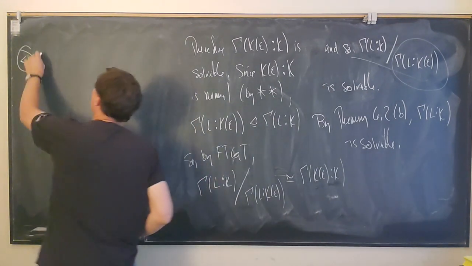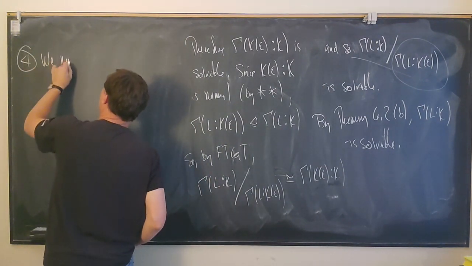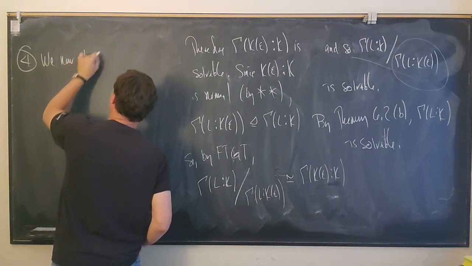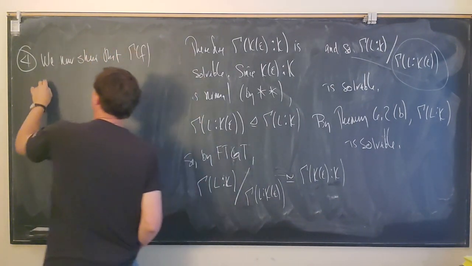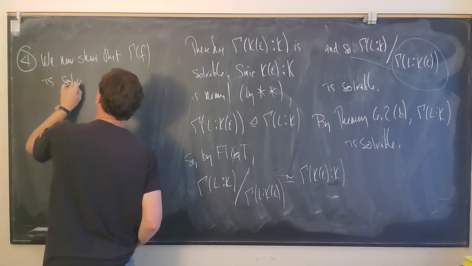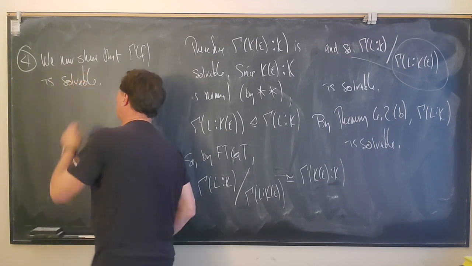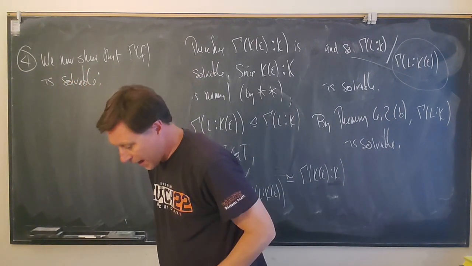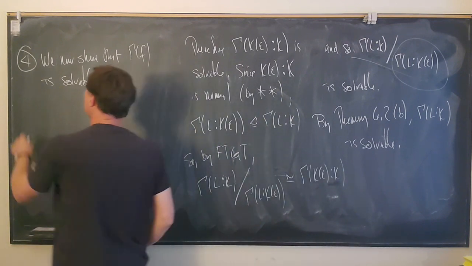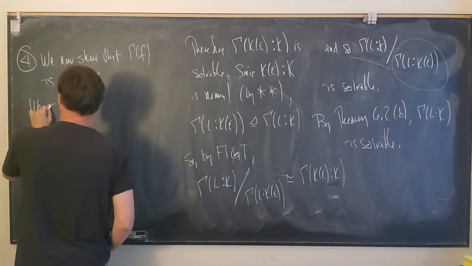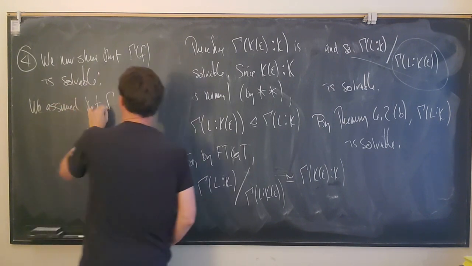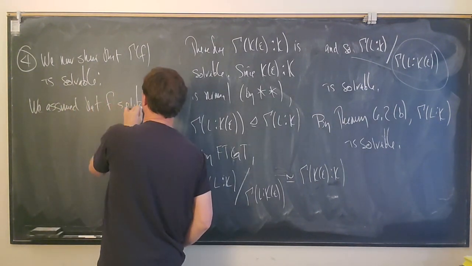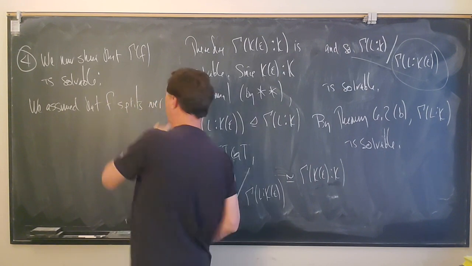So we now show that gamma of F is solvable. So what do we have? We assumed that F splits over L, right?